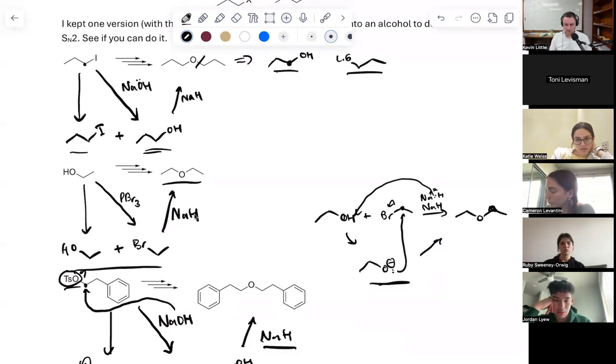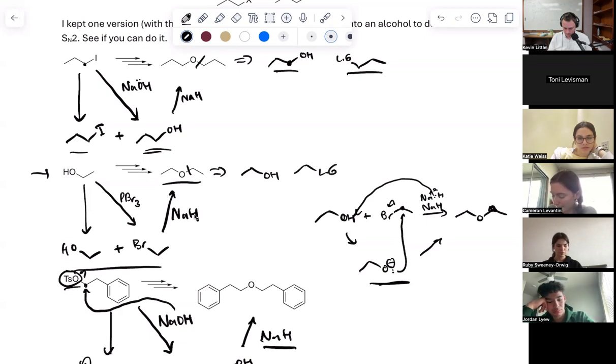Take a second, see if you can do the disconnection on the second one. What do we need? Another thing is these are all very clearly symmetrical. That's my disconnection. I can make both of those without having to move this OH.